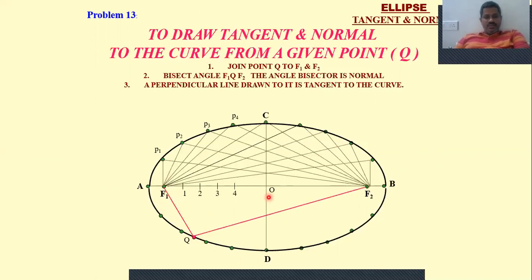Then draw the angle bisector of F1, Q, F2. Then draw a perpendicular line to this angle bisector. That will become your tangent, and this angle bisector will become the normal at this point. This is your tangent, and this is your normal.